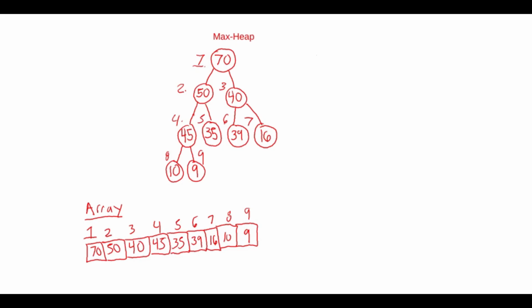and it's important to also note that in a max heap and a min heap, or in a heap in general, you're always inserting on the left side of the tree. Again, you're always inserting on the left side of the tree to make it a full binary tree.